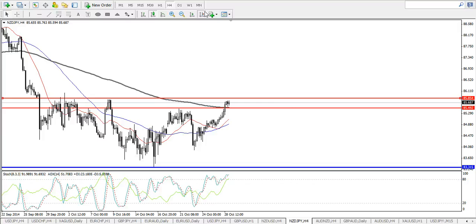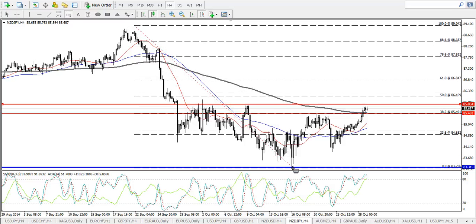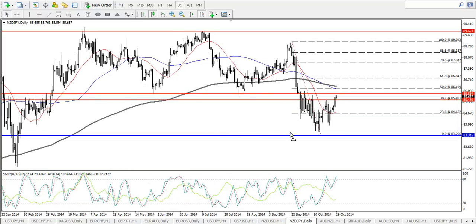Zooming in on the 4-hour chart, if I plot a Fibonacci retracement, this is somewhere at the level of Fibonacci retracement 50%.